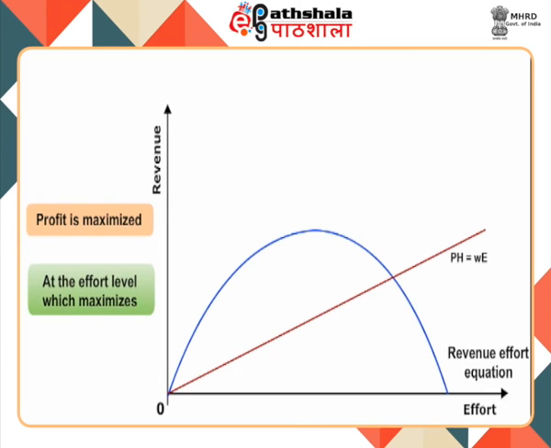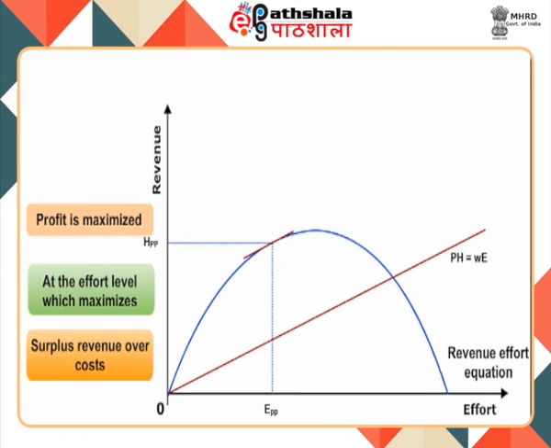Profit is maximized at the effort level which maximizes the surplus of revenue over costs. Diagrammatically, this occurs where the slopes of the total cost and total revenue curves are equal. This is indicated by the tangent to the yield effort function at EPP being parallel to the slope of the H is equal to W upon P into E line.